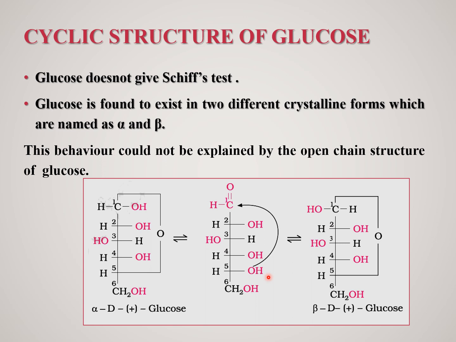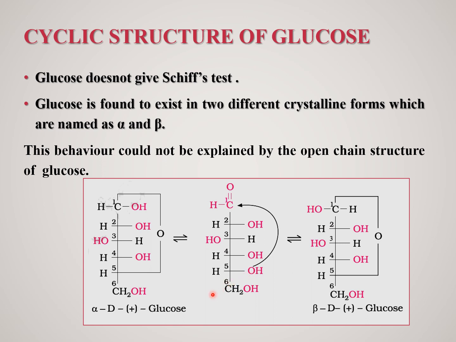As a result, the aldehyde group will no longer remain as aldehyde, but that CH double bond O will get converted into an alcohol. It will get converted to a C single bond OH group. At the same time, the oxygen on the OH group of the fifth carbon atom will attack the carbon 1 of the aldehyde group. So what do you see because of that?